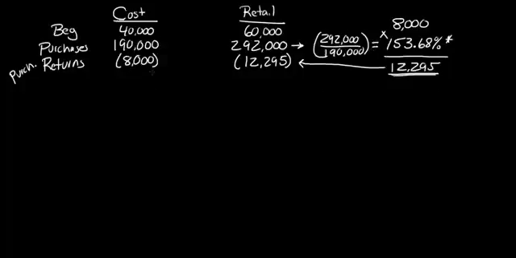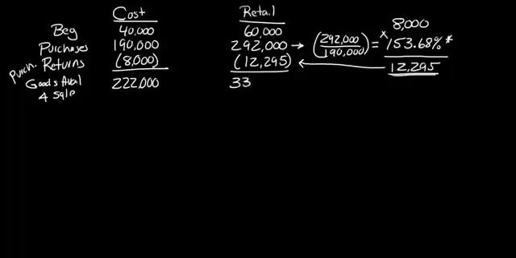Okay, so that gives us goods available for sale. On the cost side it's 2,222, and then on the retail side 339,705.